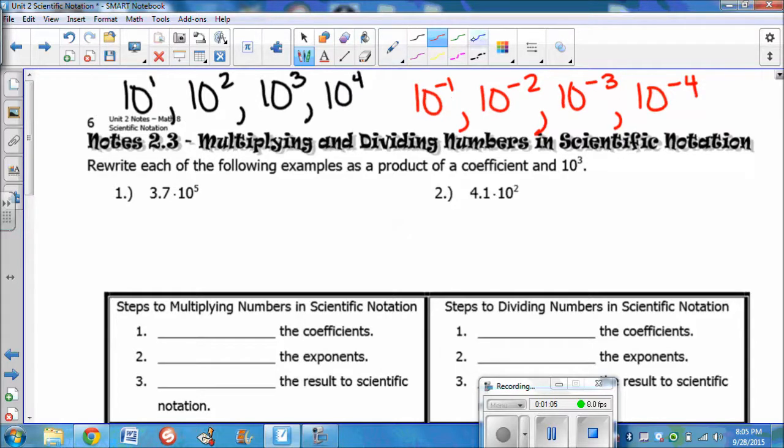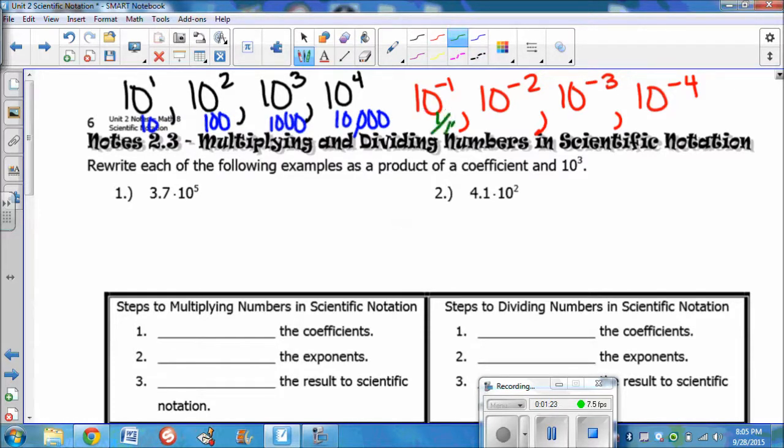All right, and let's put those equivalents underneath them. So 10 to the first is just 10. 10 squared, 100. 10 to the third, 1,000. 10 to the fourth, 10,000.